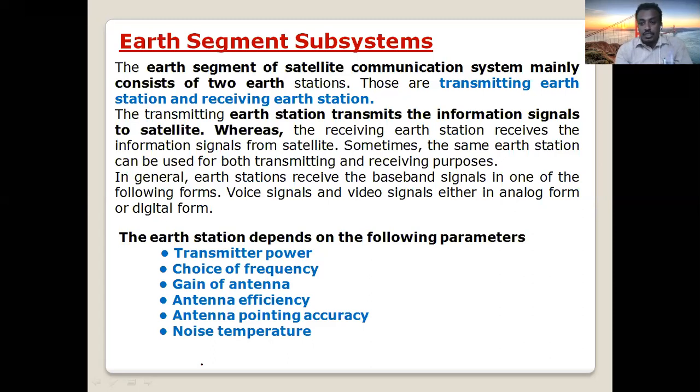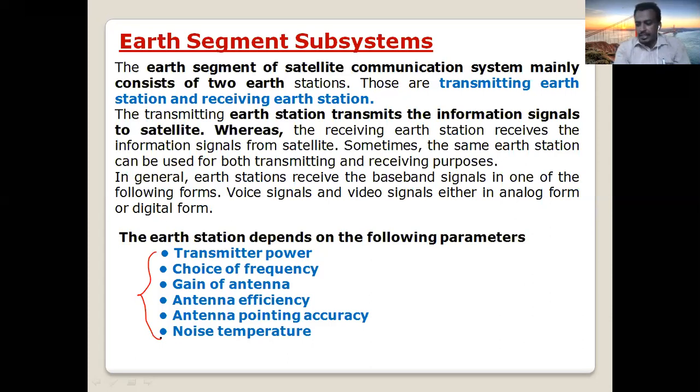But in addition to the location, the design and configuration of Earth stations also depend on many factors, as you can see on the slide. How much transmitted power, uplink and downlink frequency, what type of antenna, gain, efficiency of the antenna, noise figure, figure of merit. All these factors you have to take into consideration when we design an Earth station.